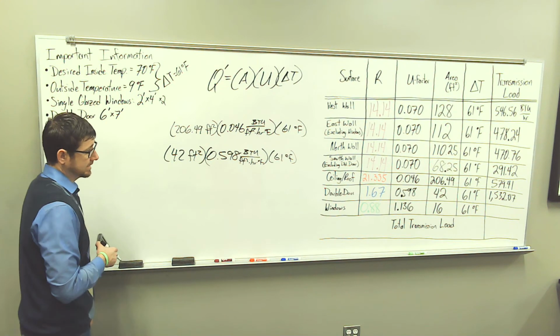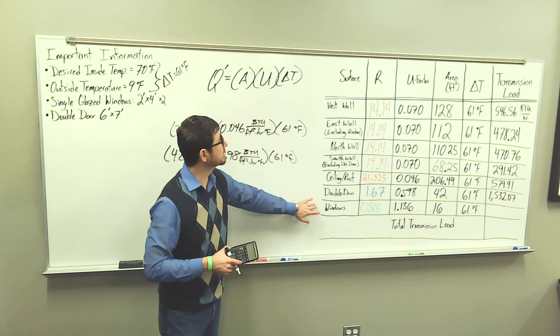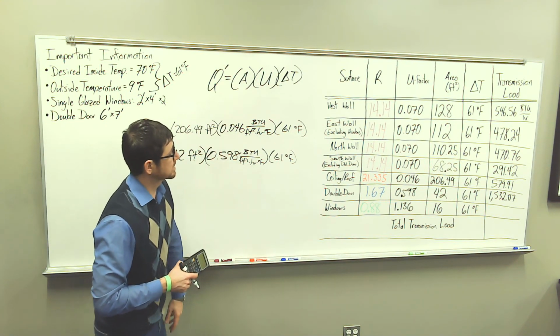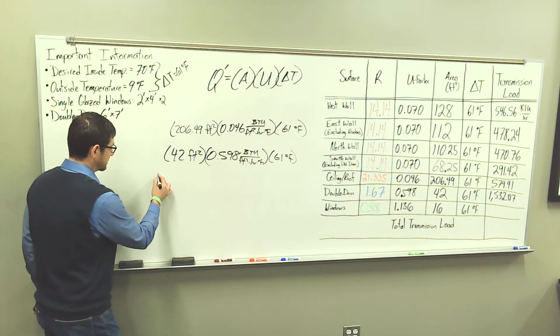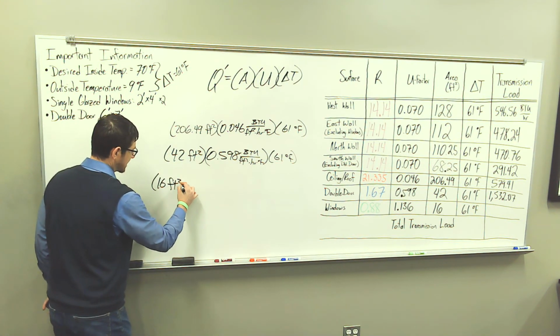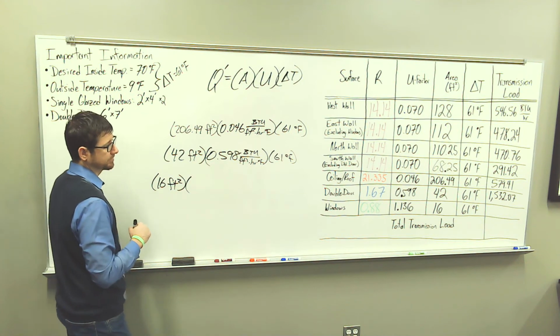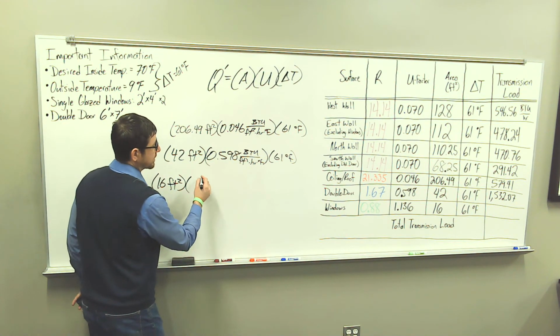Okay? And our last surface is going to be the windows. The area of the windows is 16 square feet multiplied by our U factor, which is 1.136.